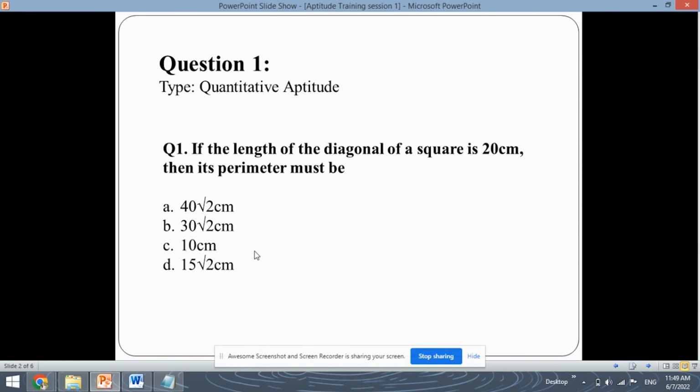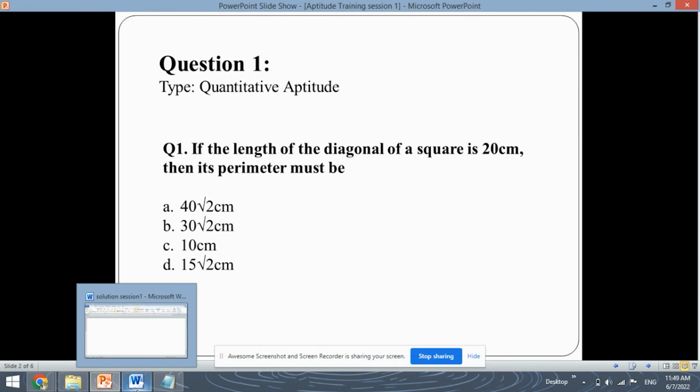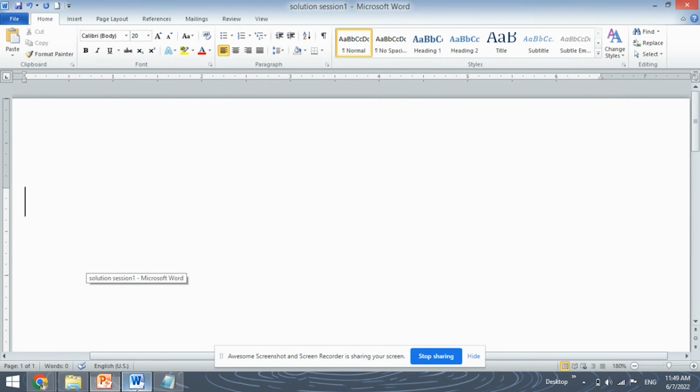There's a formula in geometry which says the diagonal D of a square is always equal to root 2 times S, where S is the side of the square. This is the formula that we will be majorly using in solving question number 1.